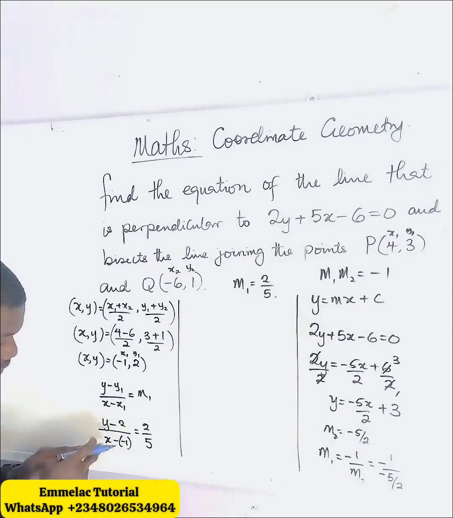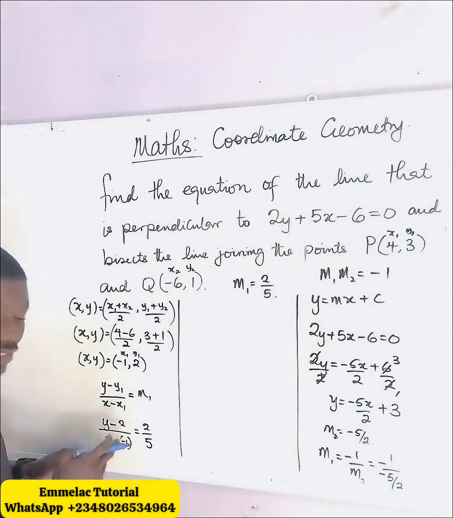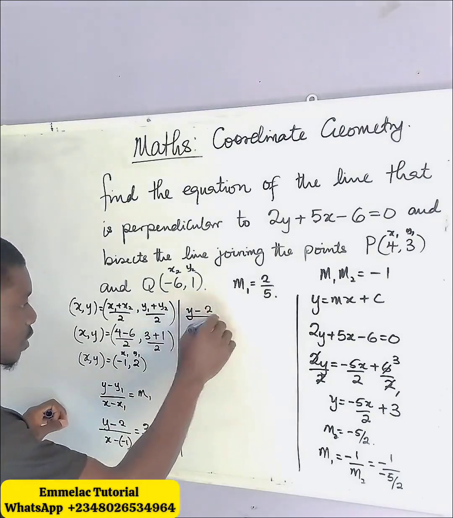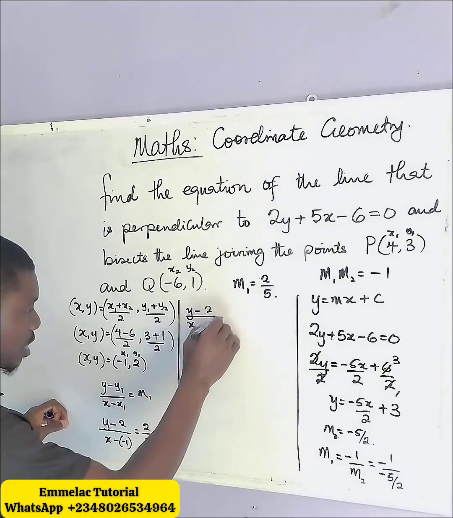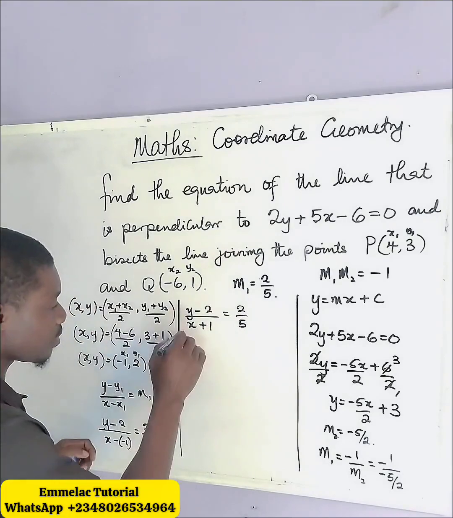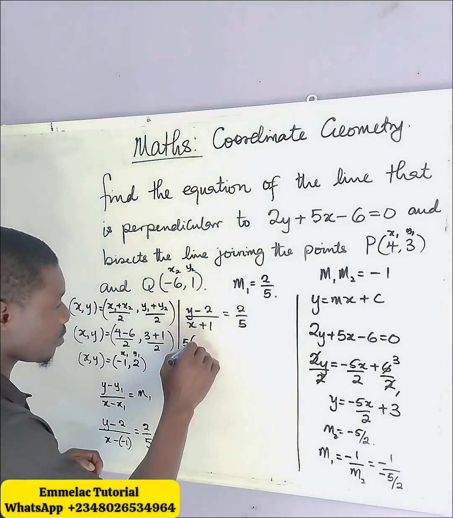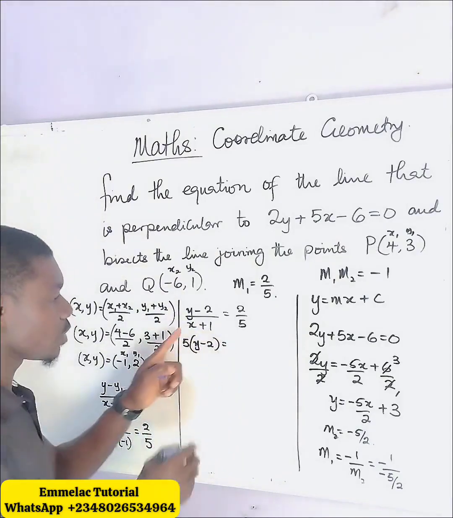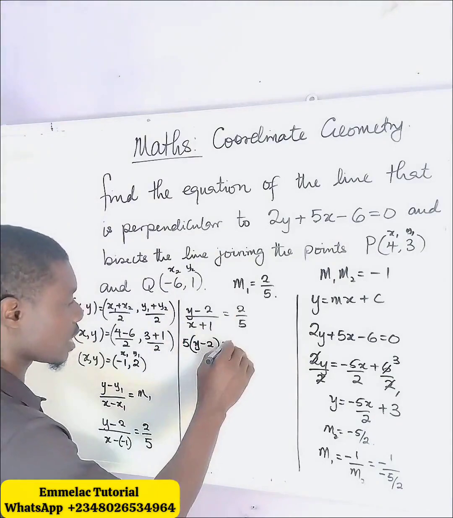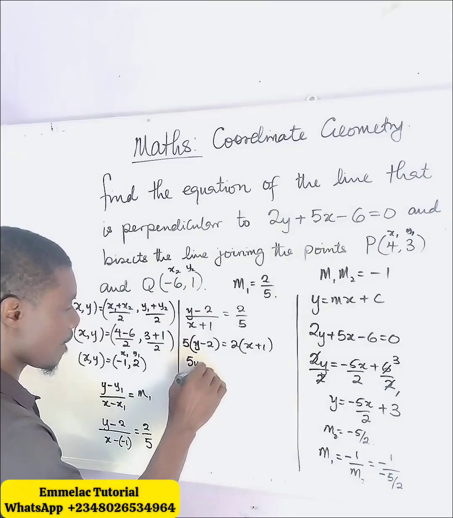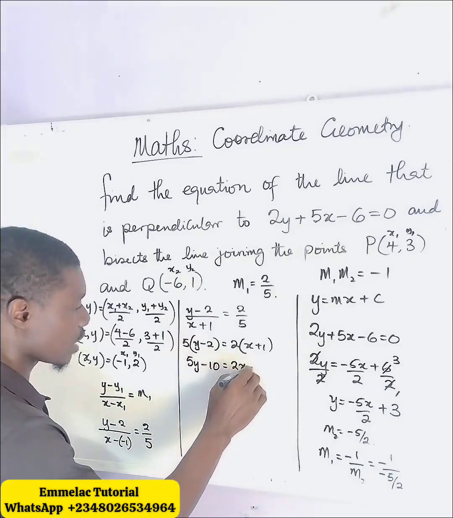We can now cross multiply, where negative and negative give us positive. So we have y minus 2 all over x plus 1 equals 2 all over 5. By cross multiplying, 5 multiplies through the numerator, y minus 2, and the denominator multiplies through here. Opening the bracket, 5y minus 10 equals 2x plus 2.